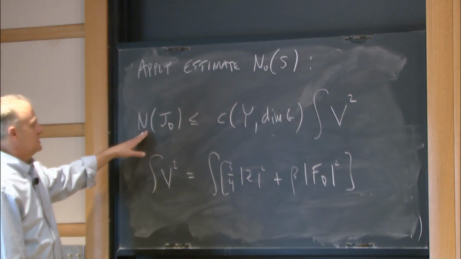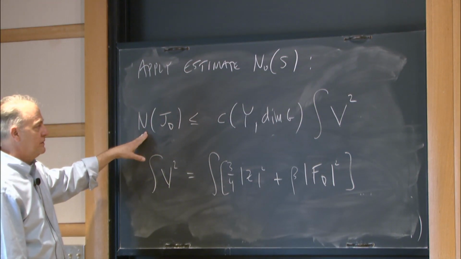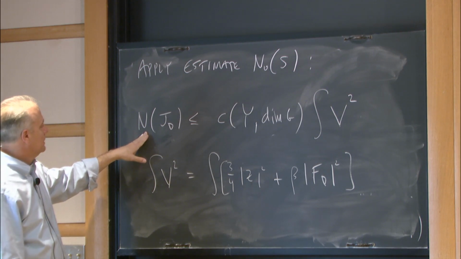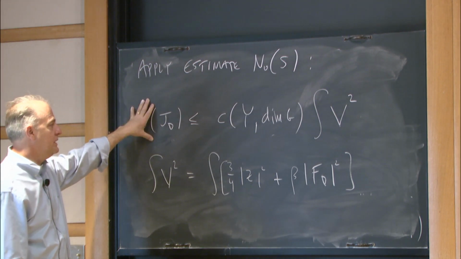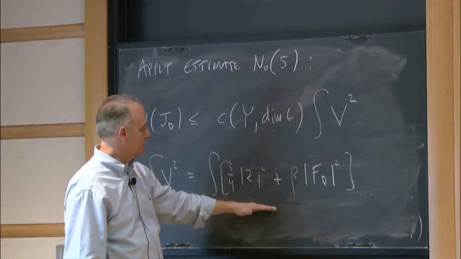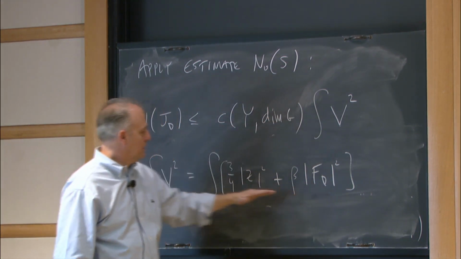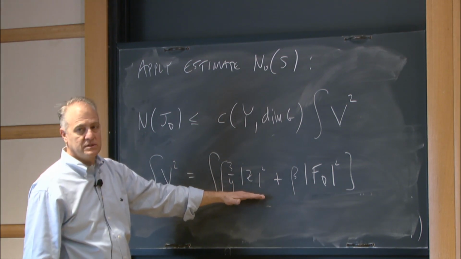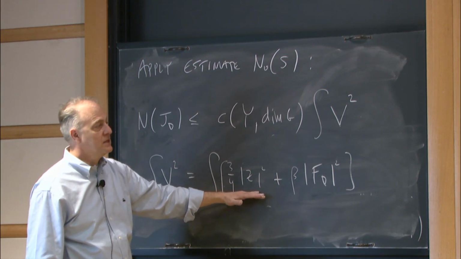Okay, so this almost looks like the estimate in the conclusion of the theorem, right? So you have the index plus nullity is bounded by some constant times this integral. So there's your energy, but you're stuck with this, right? So what do you do with this?